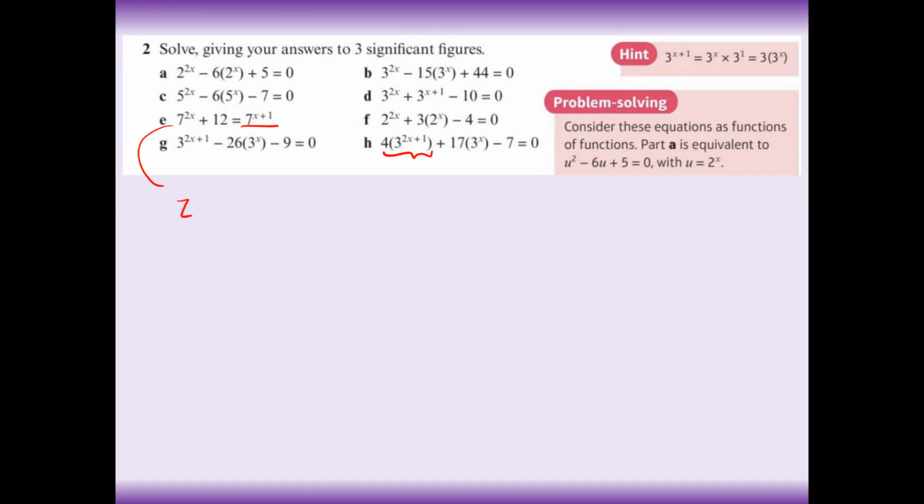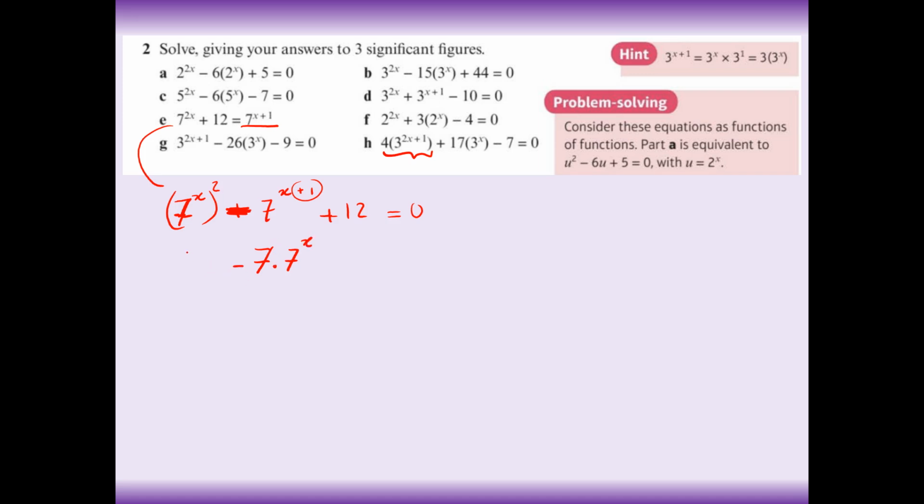You can rewrite that as 7 to the power of x squared plus, actually bring that 7 raised to the power of x plus 1 to the left, so you'll have a minus sign, plus 12 equal to 0. Then this plus 1 means that this 7 raised to the power of x is multiplied by 7 to the power of 1.